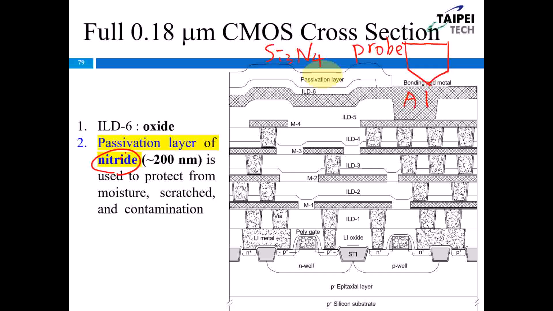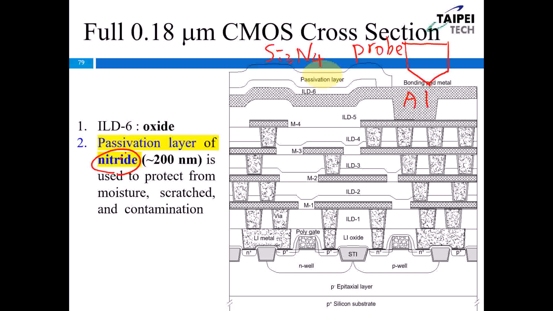Okay, so we choose silicon nitride as the preservation layer, because silicon nitride is a very hard material. We use it to protect the chip from moisture. We don't want moisture, we don't want the chip to be damaged. So it can protect from scratches, 被刮伤, and contamination, 避免其他金属啊或是灰尘去污染到晶片, okay? So here we only open this space for probing.